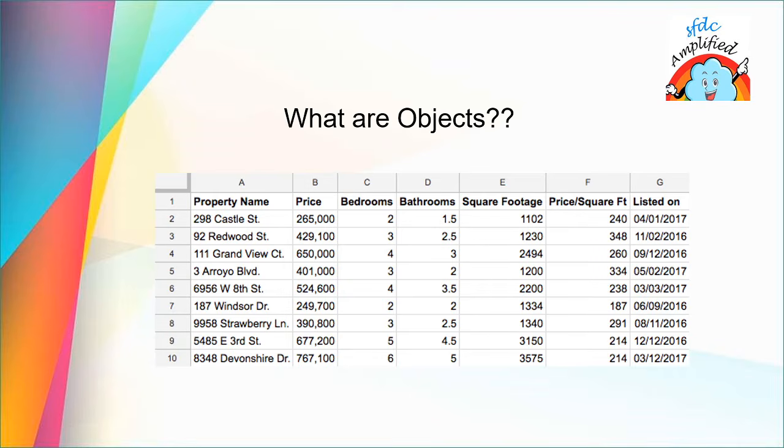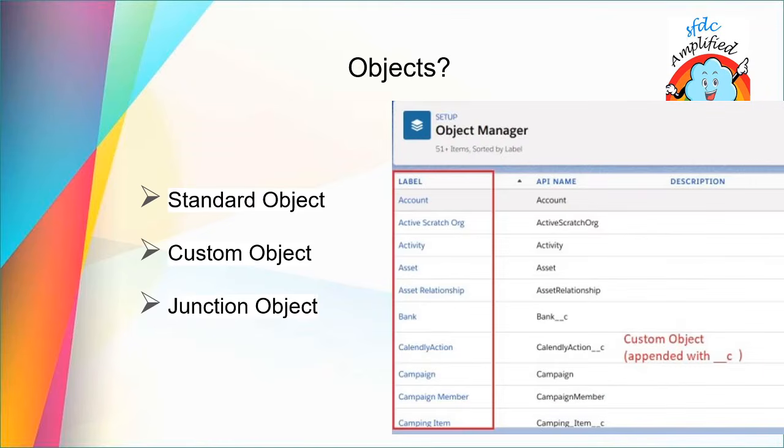Those are the columns in the table, whereas in Salesforce we call those fields. Objects are where we save the data. It's like a database table, and we think of columns as fields and rows as records. So those columns you see are called fields in Salesforce, and the rows are the records.